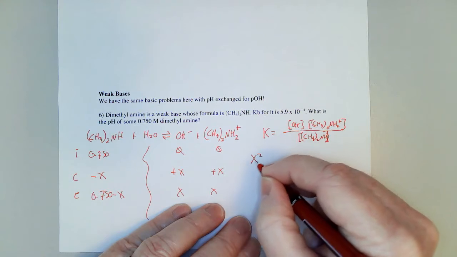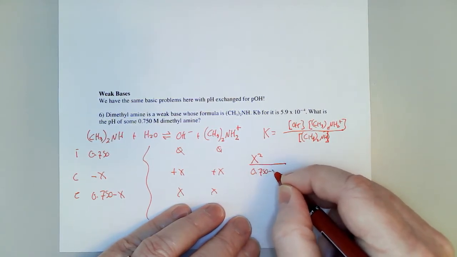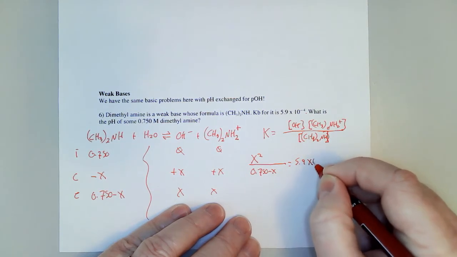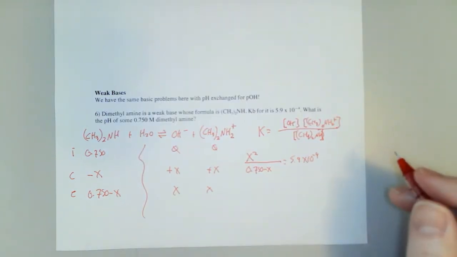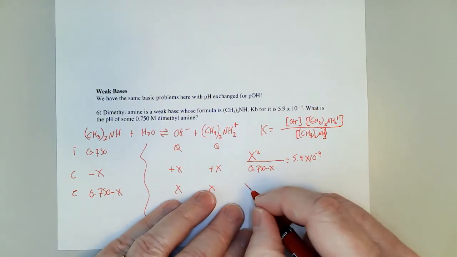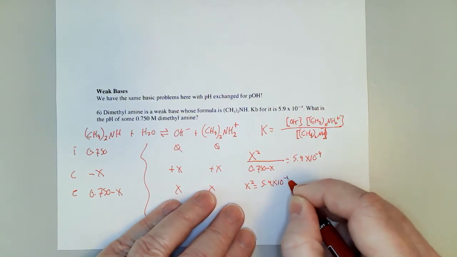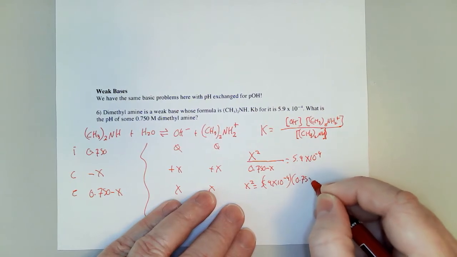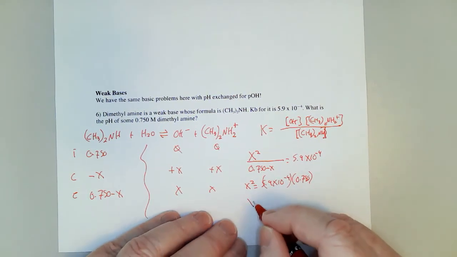So we have an x squared over 0.750 minus x equals 5.9 times 10 to the negative fourth. You can approximate this, no problem. So x squared is 5.9 times 10 to the negative fourth multiplied by 0.750.